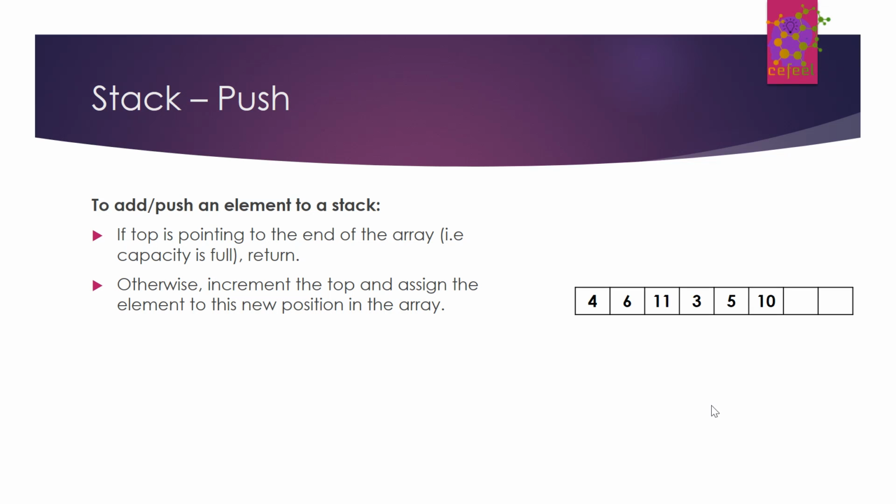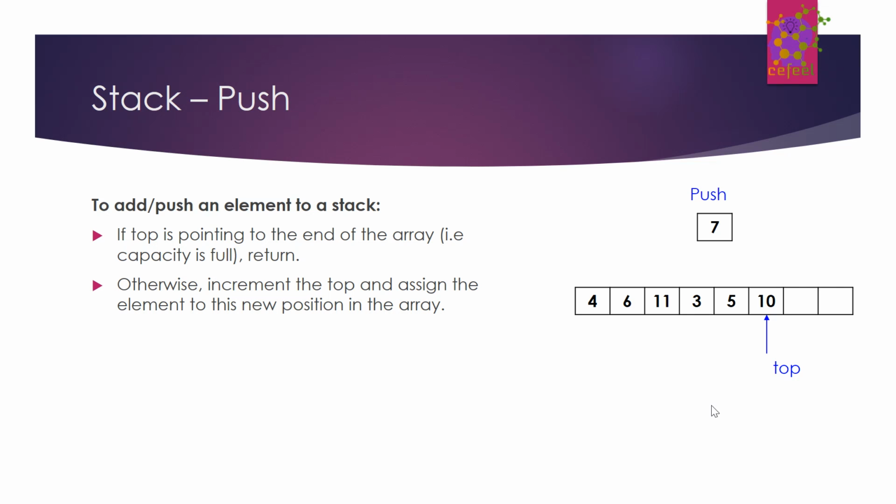Let's see this operation using an example. Let's say we have this stack which has a capacity of 8 elements, and top is pointing to the 6th element, which is 10, and we want to push a new item, 7, onto the stack. The first step is to check if the capacity is there or not, and notice we have capacity here because there are only 6 items in the stack and 2 spaces still free.